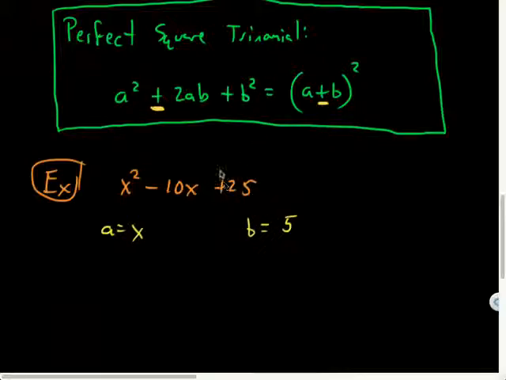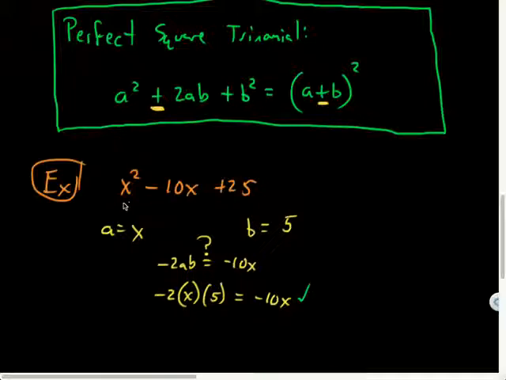Now, before I can commit to this being a pattern, my question is: is negative 2ab equal to negative 10x? That is the question. So negative 2 times a, which I just defined as x, and times b, which I just defined as 5, is equal to negative 10x. So it works out. So it matches the pattern.